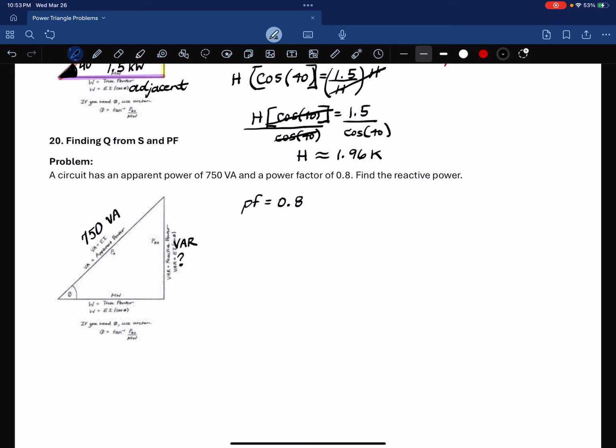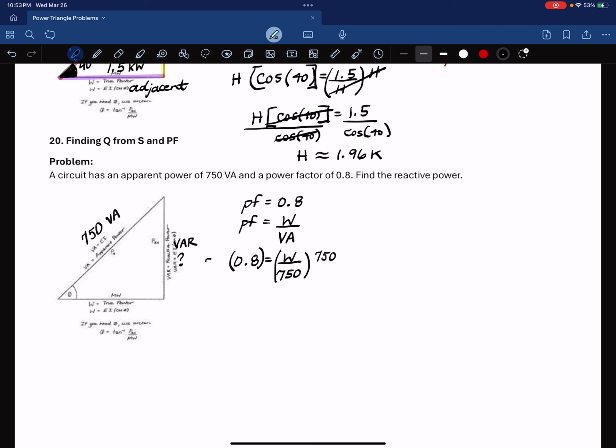But before I do that, I'm going to use this power factor formula that I know to be W over apparent power. So 0.8 equals W over 750. So I'm about to find W, which will definitely help me in the next step.